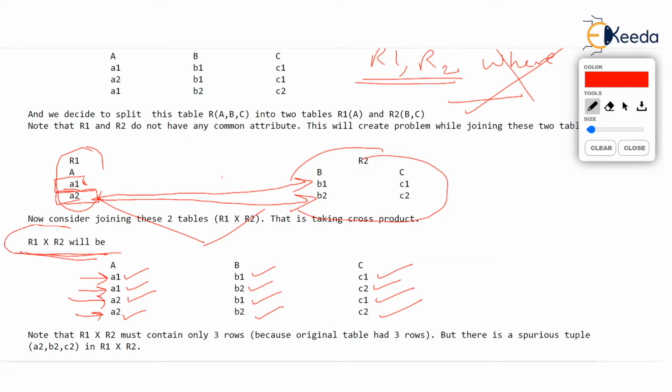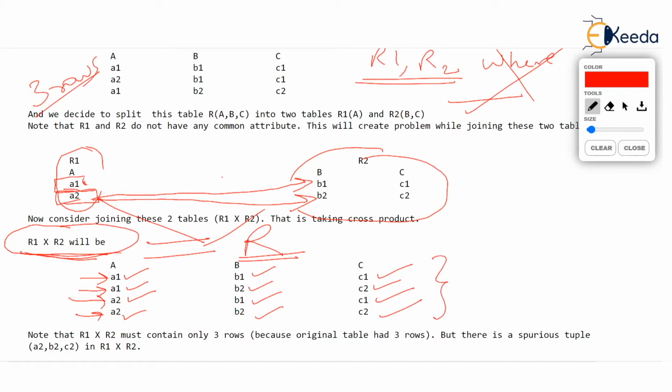But notice R1 cross R2, according to our reading, must have been equal to the table R. That means table R had 3 rows. Observe this, table R had 3 rows, but R1 cross R2 is having 4 rows. From where has this fourth row arrived? Let's see.